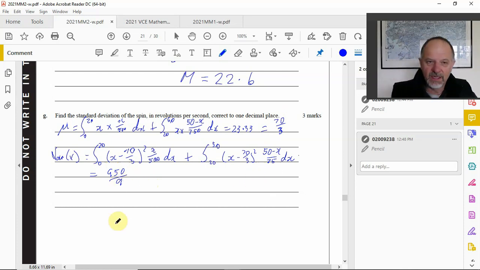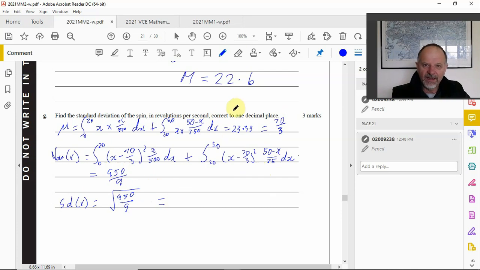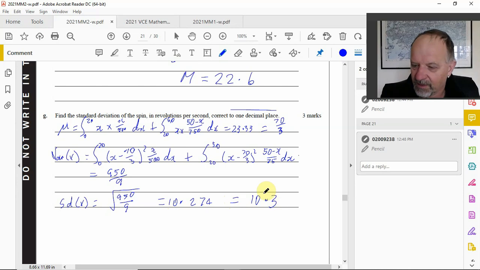So then the standard deviation, of course, is the square root of that. I could have actually gone straight to my final answer there, because in our final answer we're asked to do correct to 1 decimal place, and so that's 10.274, which of course correct to 1 decimal place is 10.3, so make sure you round it off correctly.